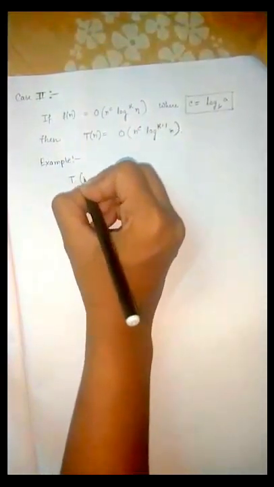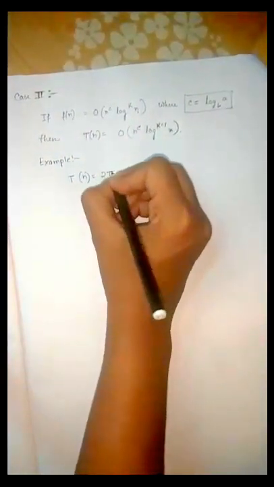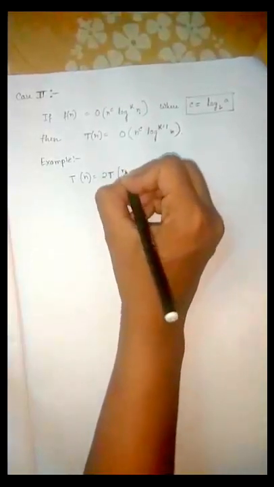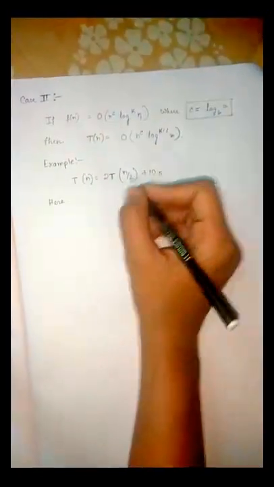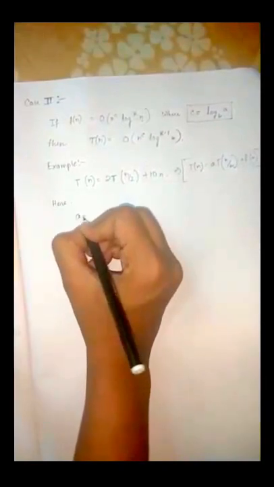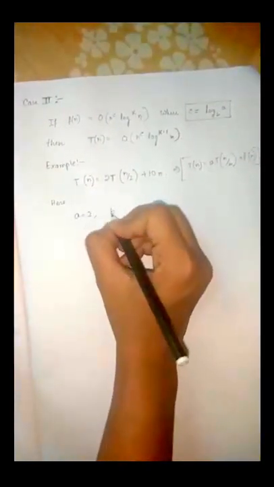T of n is equal to 2T of n by 2 plus 10n. Here, comparing this with T of n is equal to a T of n by b plus f of n, we get a is equal to 2, b is equal to 2, and f of n is equal to 10n.